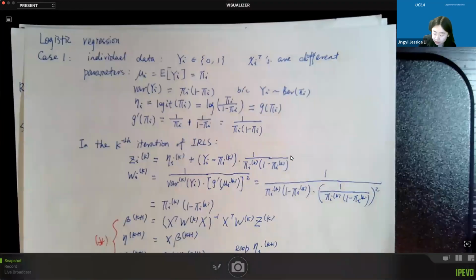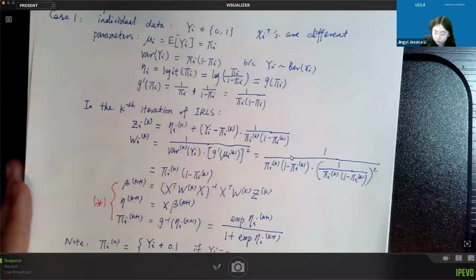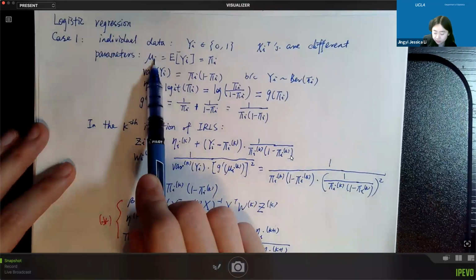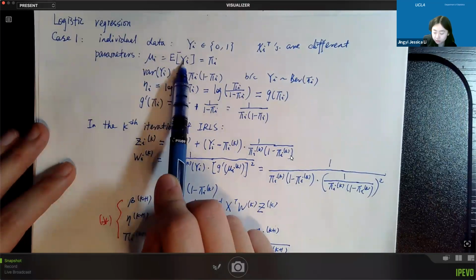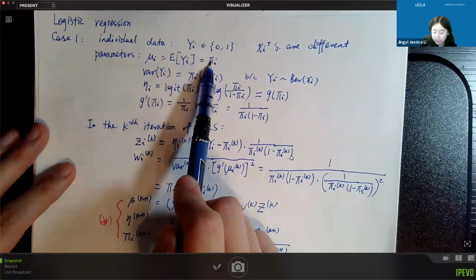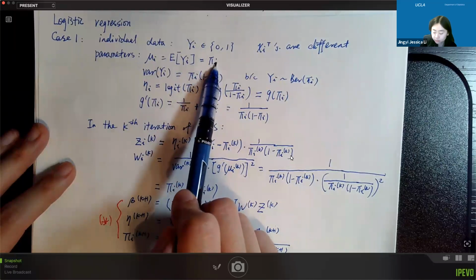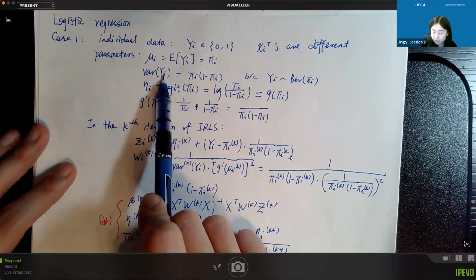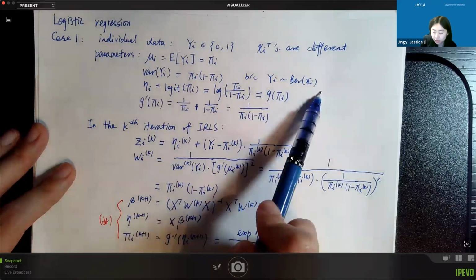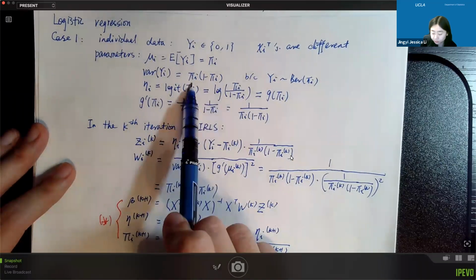Now, in the logistic regression, we write mu i always as the expectation of y i. That's our definition of mu i. In this case, it's equal to the success probability parameter called pi i. And the variance of y i by the Bernoulli random structure is pi i times 1 minus pi i.